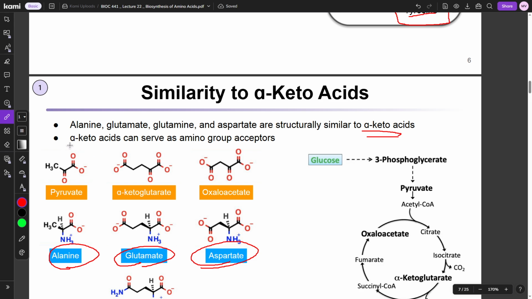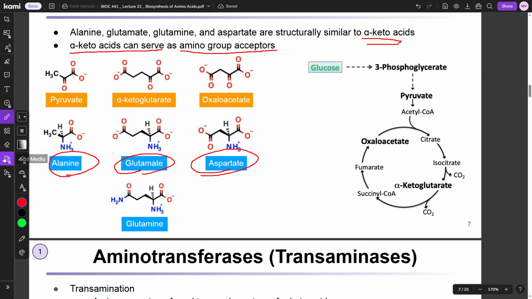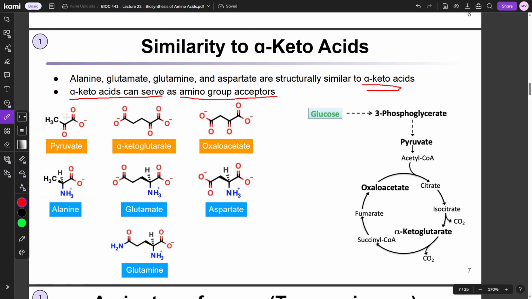These alpha keto acids can serve as the amino group acceptors to form amino acids. For example, if we look at pyruvate, if I change out this O here for an N, it becomes alanine. For alpha ketoglutarate, if I change out this O for an N, it becomes glutamate. For this one here, if I change out this O for an N, it becomes aspartate.